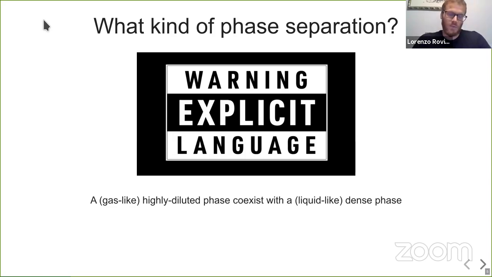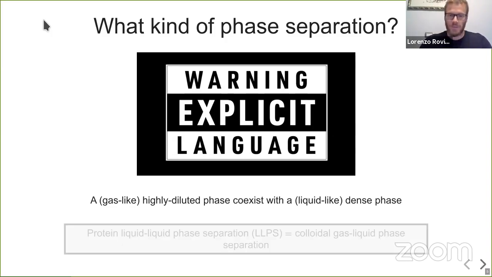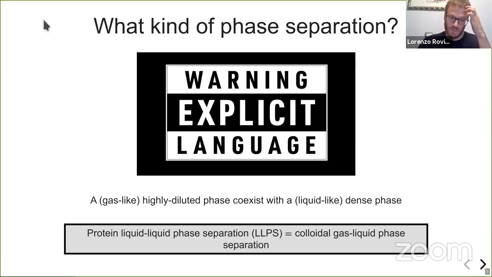So that's what I would call a gas-like part and a liquid-like part. Of course, it's not really a gas, since there is a solvent and other solutes. But if you look only at the things that are phase separating, you'll see that there is a gas-like thing and a liquid-like thing, okay? So in the biology world this is called liquid-liquid phase separation, whereas where I come from, which is the colloidal world, that's called gas-liquid phase separation.